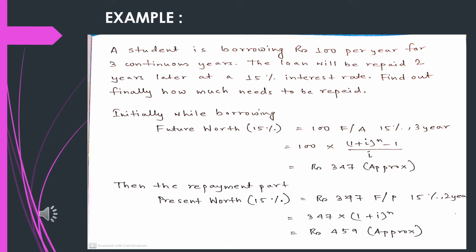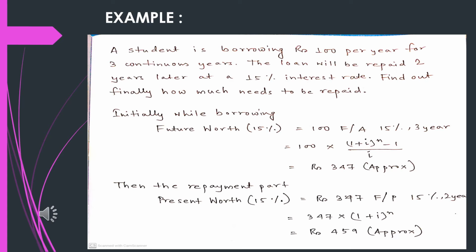When the next 2 years' repayment schedule is being obtained, the same interest rate is also applied for the remaining 2 years. After 3 years, basically another cash flow starts from that point in time.